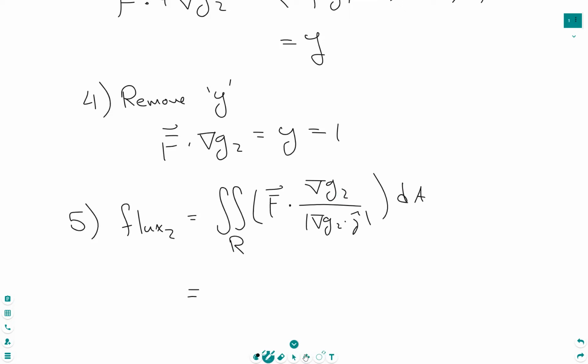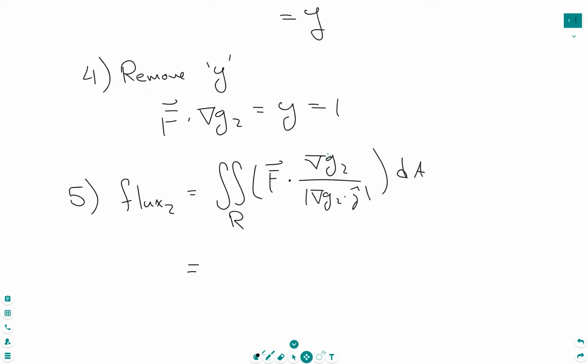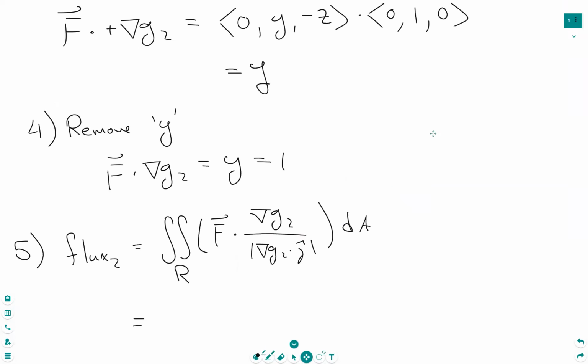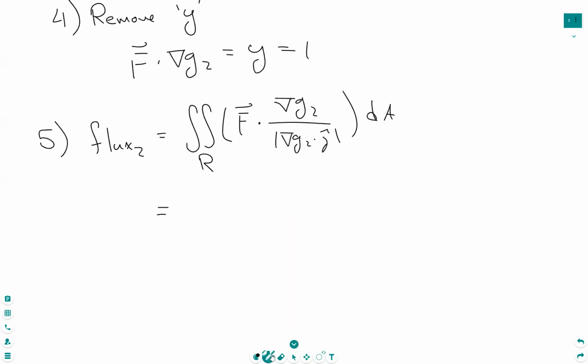Okay, so we know that this dot product gave us 1. The magnitude here was just 1. So this is just the area integral over the region R of dA.